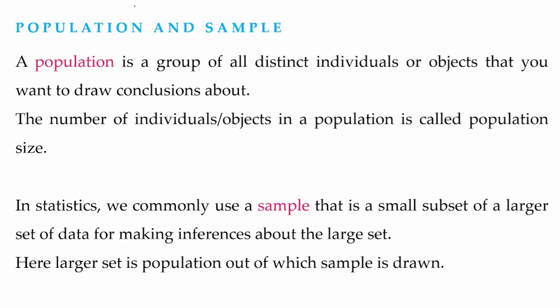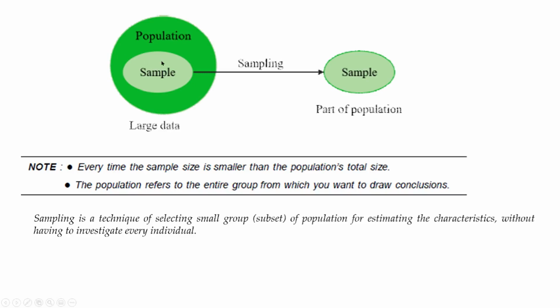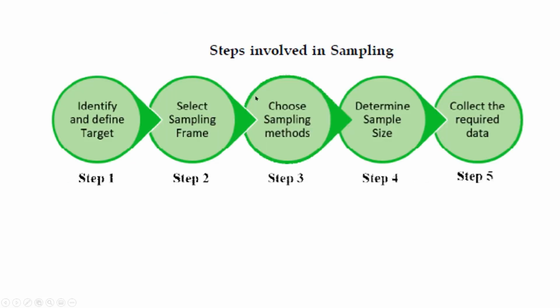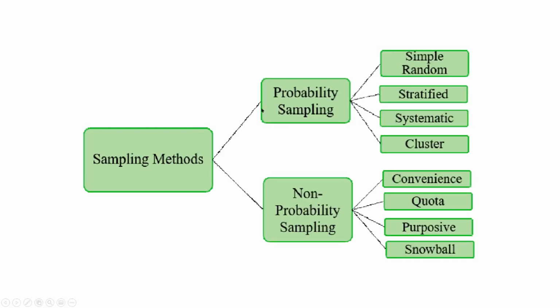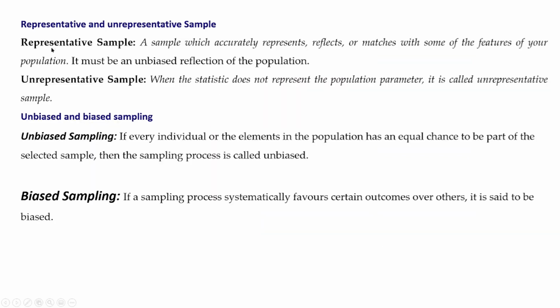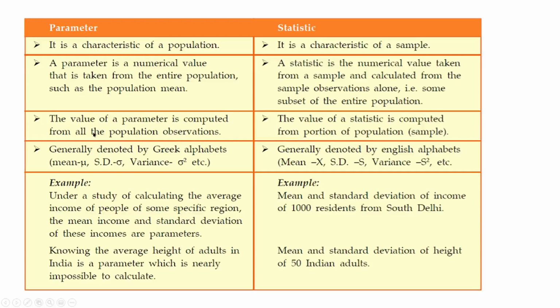So other types of questions which can be expected are finding the difference between population and sample. Then we have the definition for sampling, and then the steps involved in sampling. Then we have different types of sampling methods. Next we have difference between representative and unrepresentative sampling, unbiased and biased sampling.